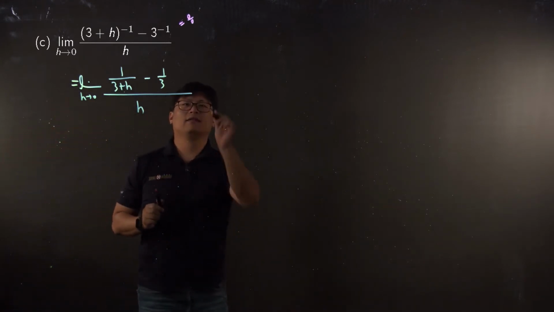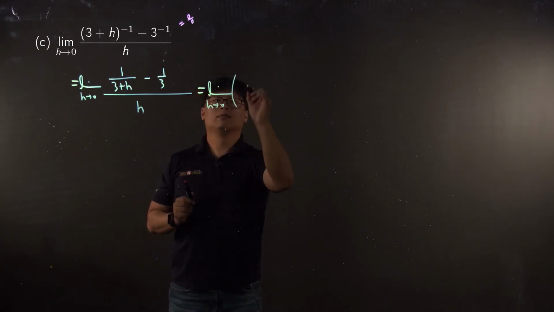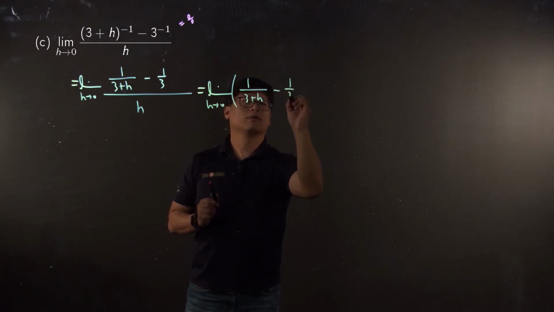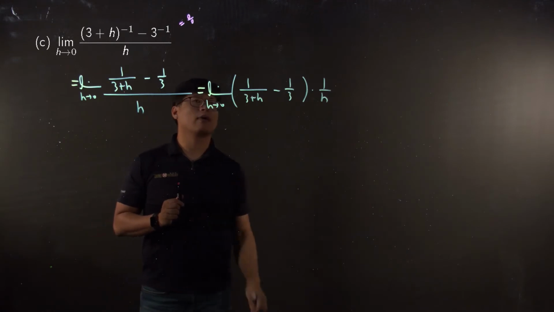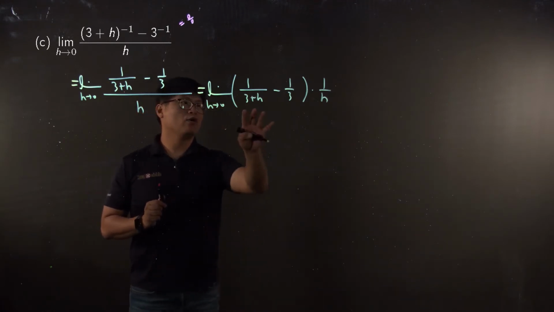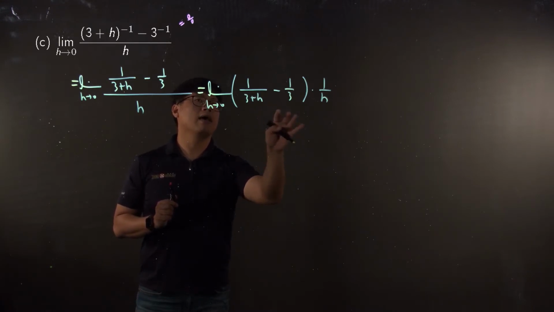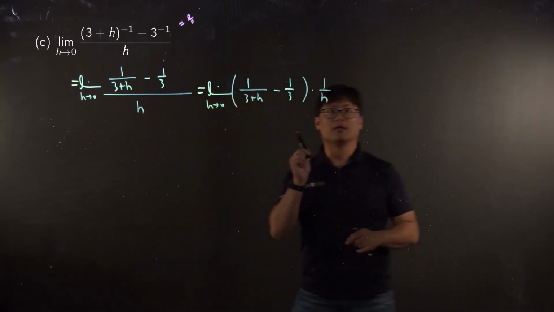Then this will be written this way: just the numerator, and your denominator. We push that out, right? Does it make sense? Now look at this guy. In this parenthesis, we're going to combine as one single fraction by using the common denominator.